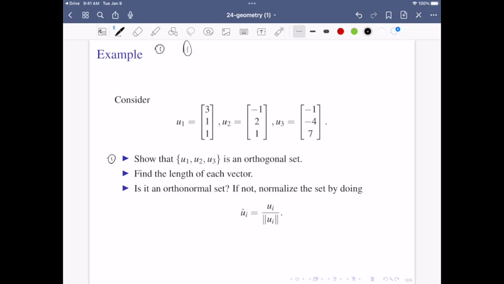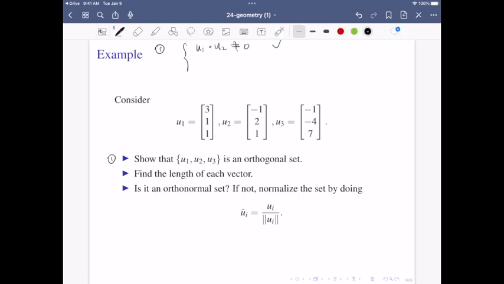First I want to look at U1 and U2, this pair. Is this 0? From here, U1 dot U2 is -3 plus 2 plus 1. So this is 0. So we're done with this pair.